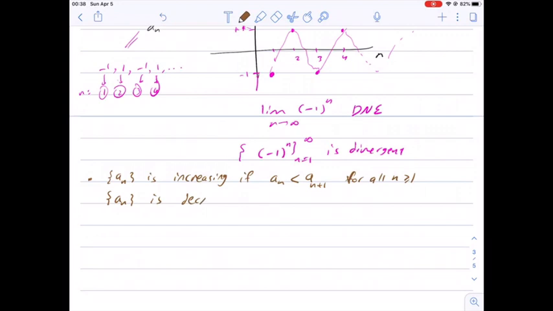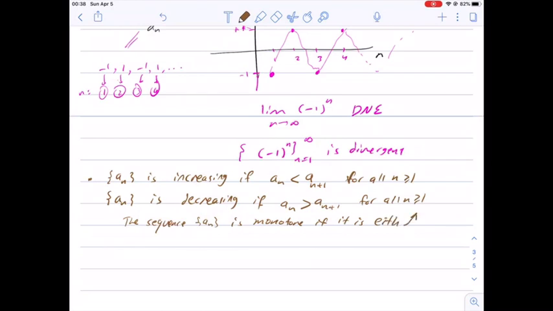And the sequence a sub n is decreasing if a sub n is greater than a sub n plus 1 for all n greater than or equal to 1. And the sequence a sub n is monotone if it is either increasing or decreasing.